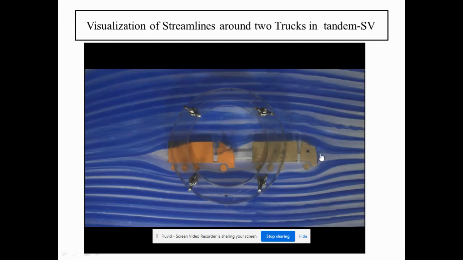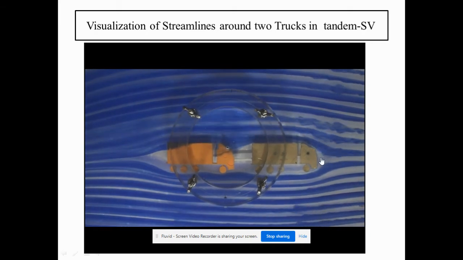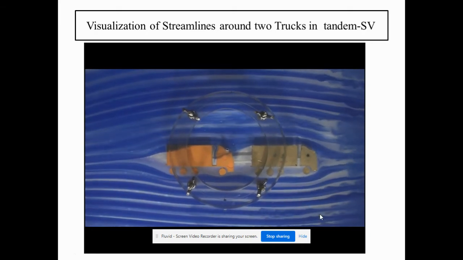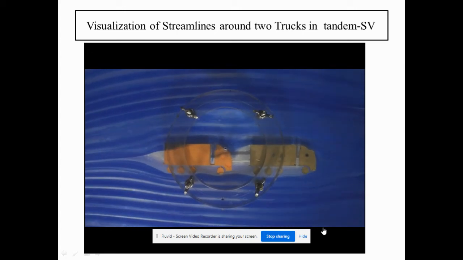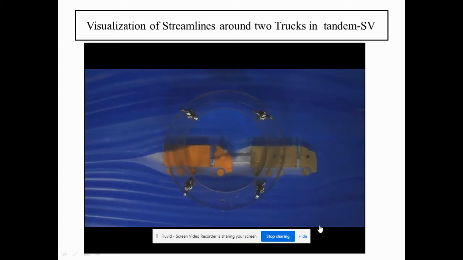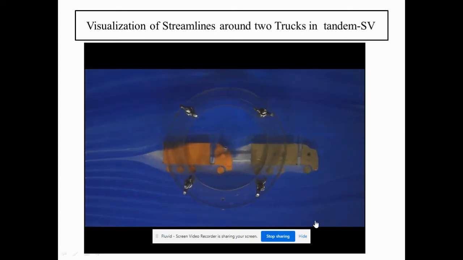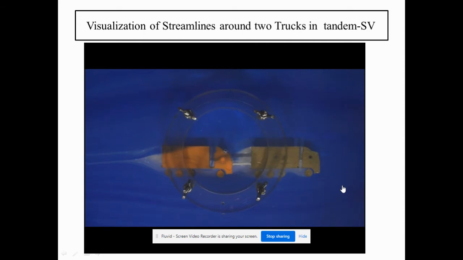You can see a lot of stagnation here. So more ink is injected to understand where the flow can reach in this particular vehicle. Now we will look at the top view of the truck.